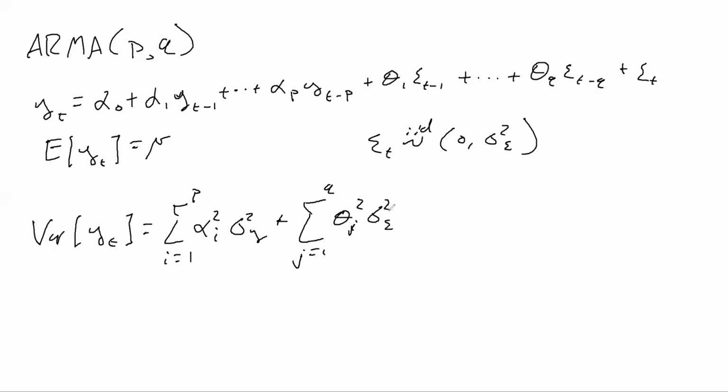And then this would be for all the thetas, but then you have this one at the end, so you'd have another variance of the error. So this would be the variance of an ARMA process of order p and q. Then you just solve for the variance of y. So this would be like the second moment. And this is only if the correlation between y and your error term is 0.